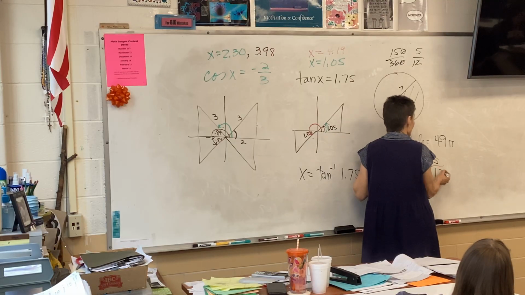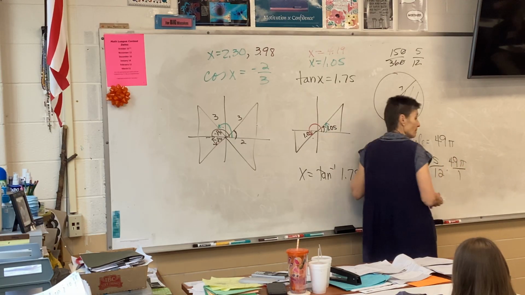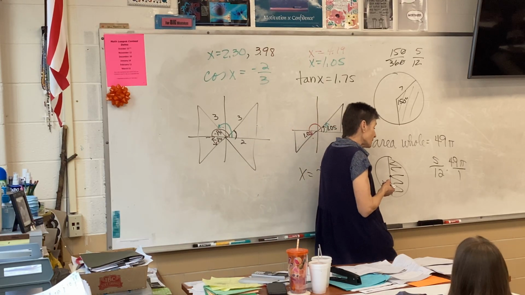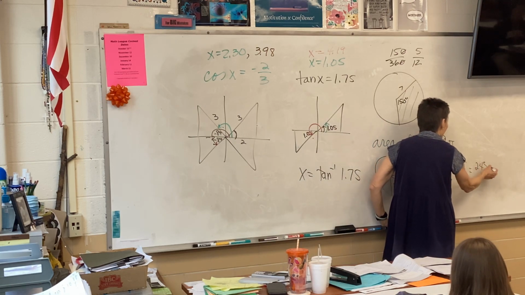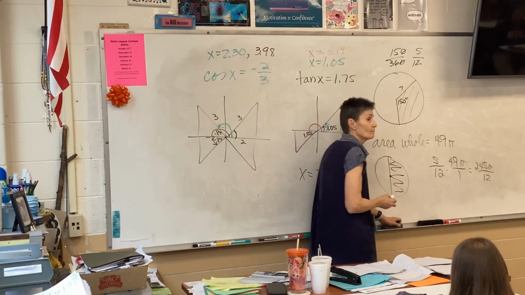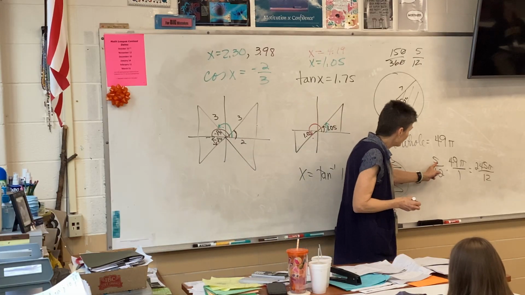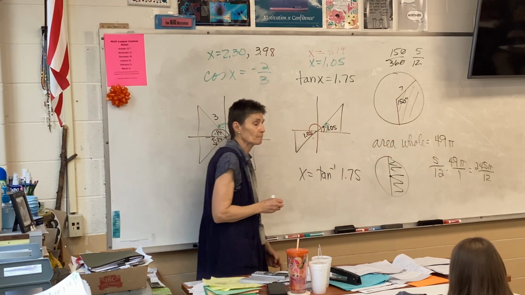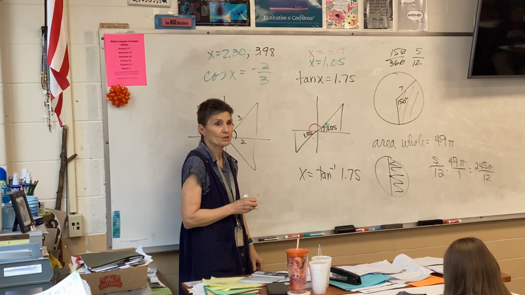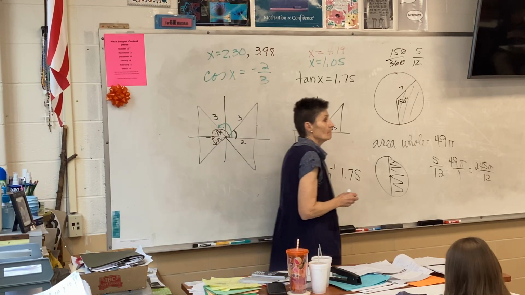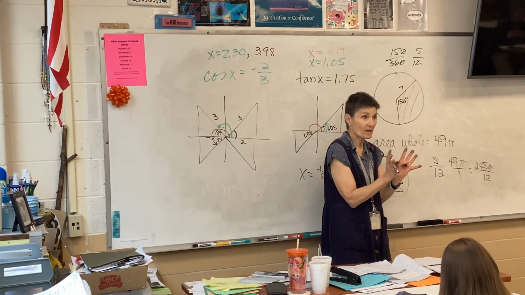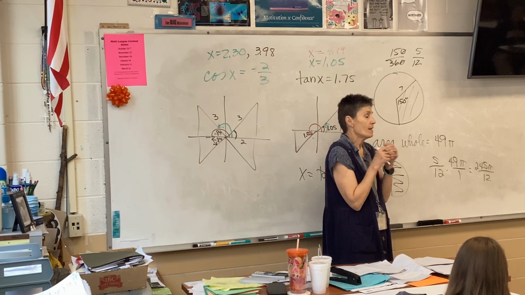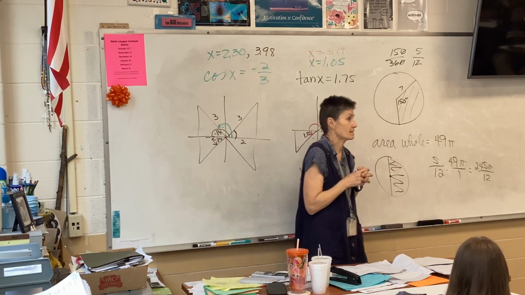So we're going to take 5/12 times 49 pi, and that's going to be 245 pi over 12. Can we reduce that? No, because this is 5, 7, and 7, and that's 12. So what was our strategy there? Find the area of the whole thing, and then figure out what fraction is colored. And the fraction that's colored is 150 over 360.